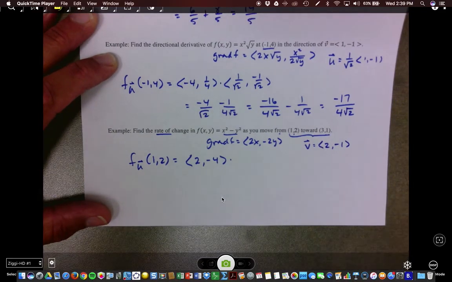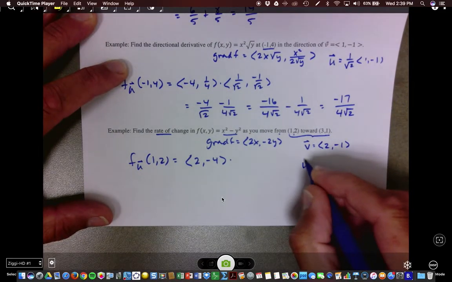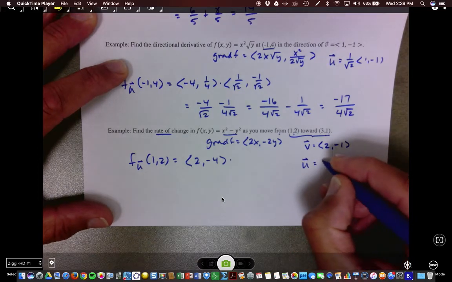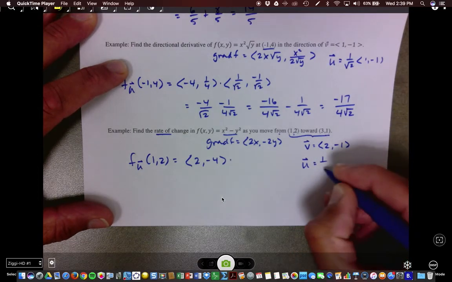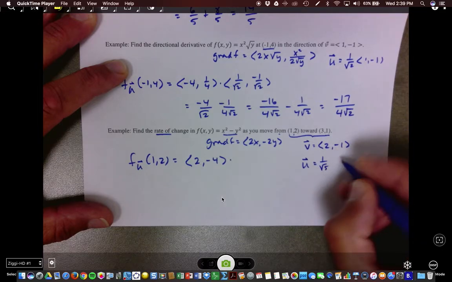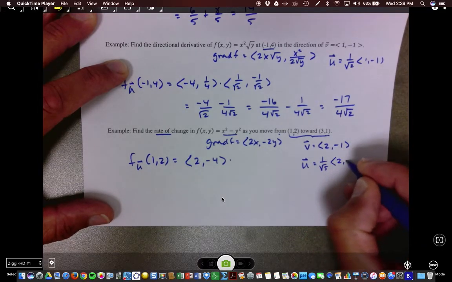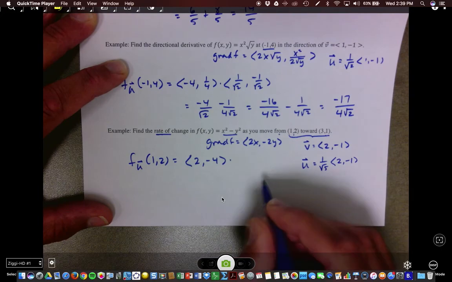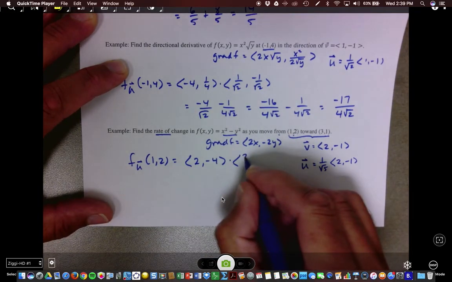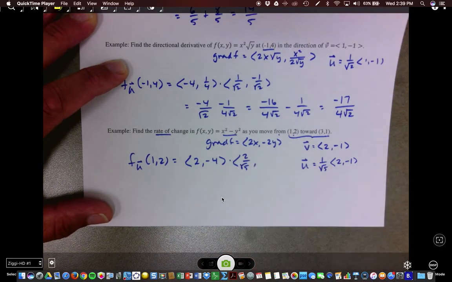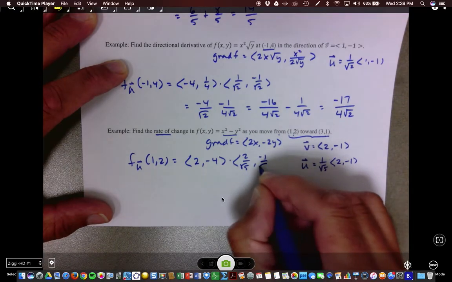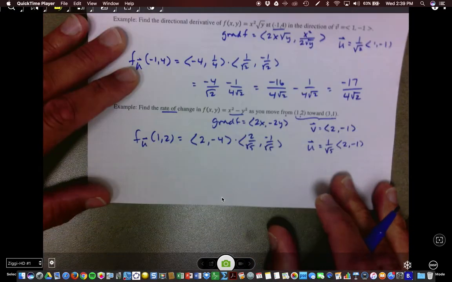And so we get that that's the direction, but then we want this to be a unit vector. So 1 divided by the magnitude, which is square root of 5, times (2, negative 1). And so this vector gives me 2 over root 5 and negative 1 over root 5.